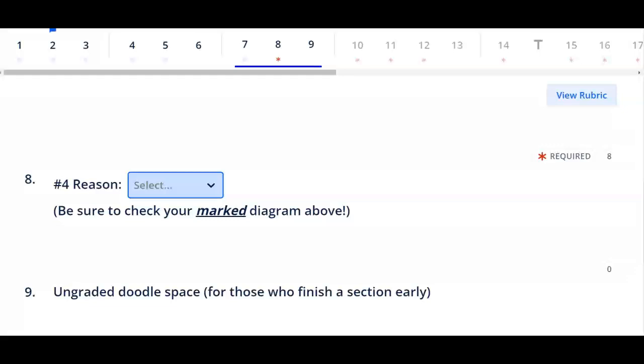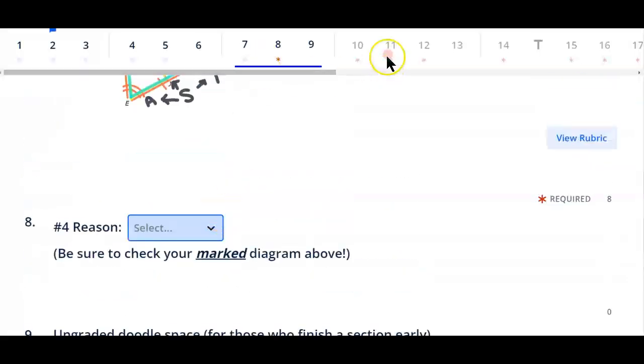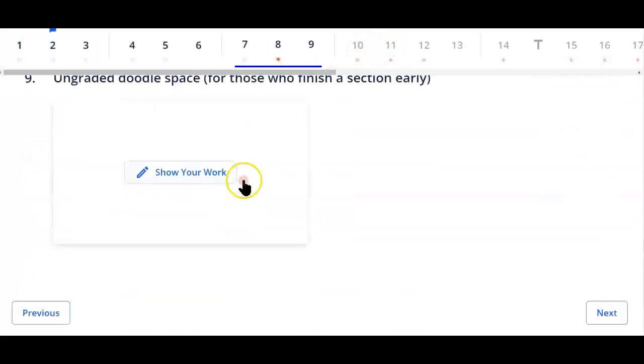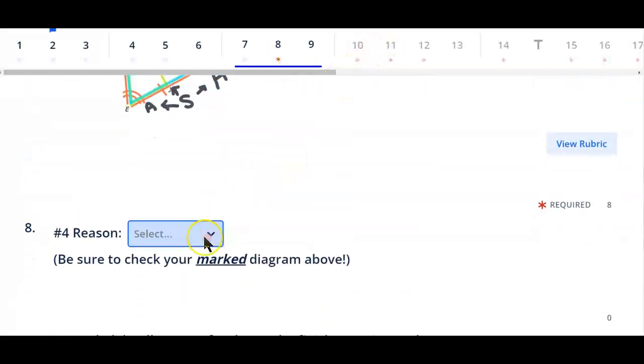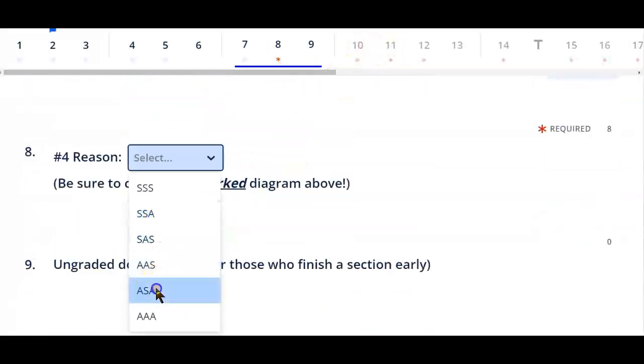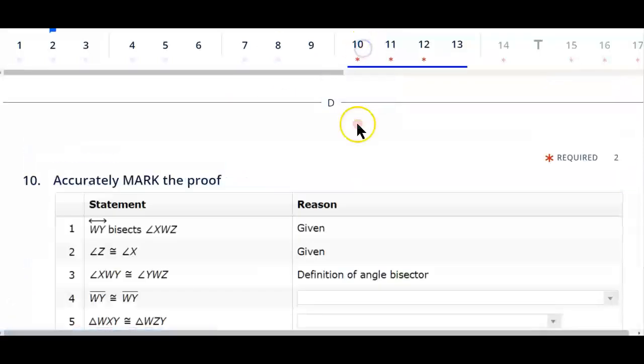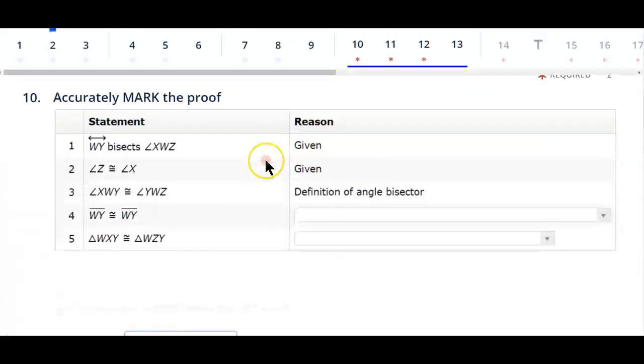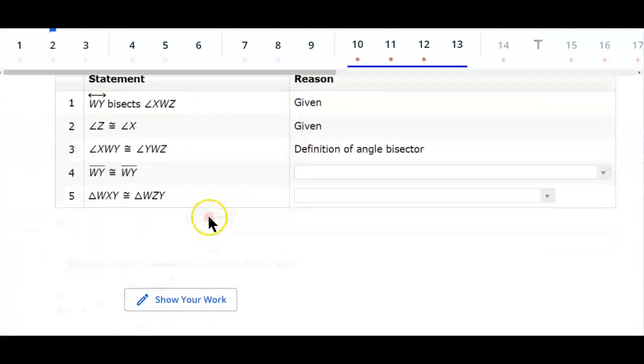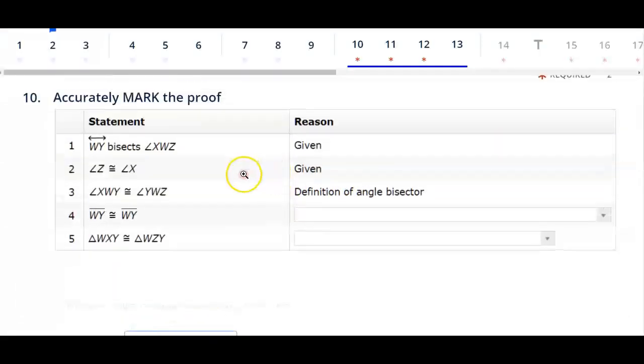All right, number 10. All right, this is our first question with more than one reason that we're finding.